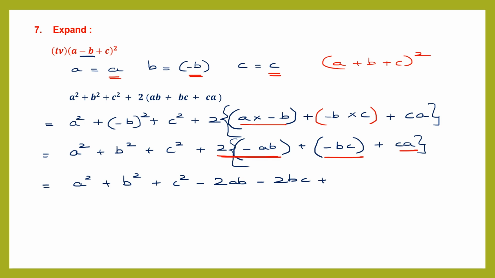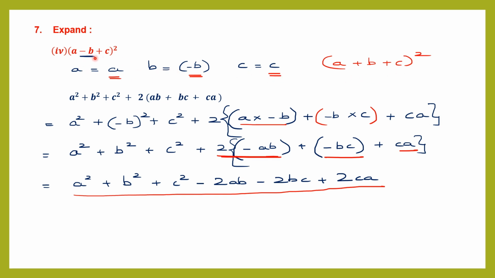So that is plus 2ca. So our final answer: a square plus b square plus c square minus 2ab minus 2bc plus 2ca. So what did we do here? We took a as the same term, b we took as minus b, this whole thing, and c we took as c, and then we applied this formula.